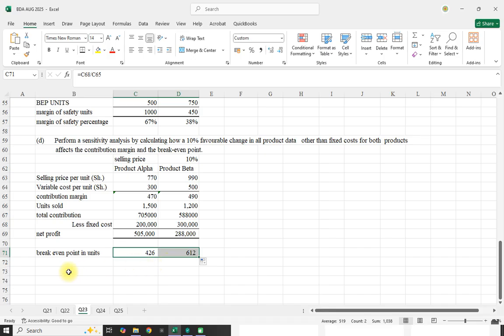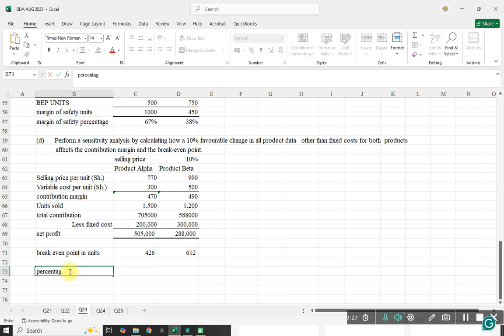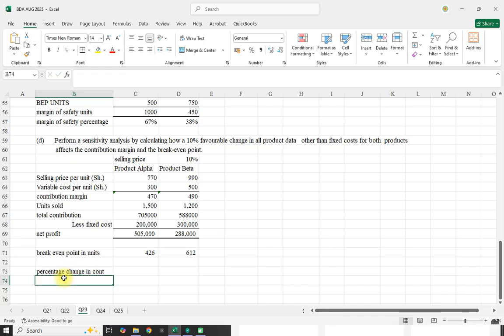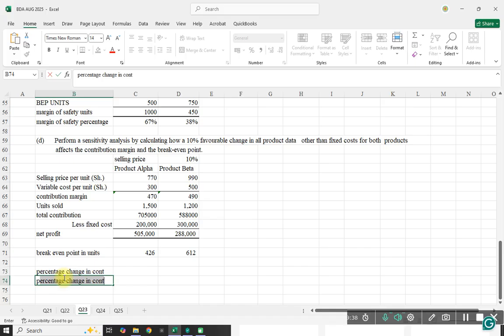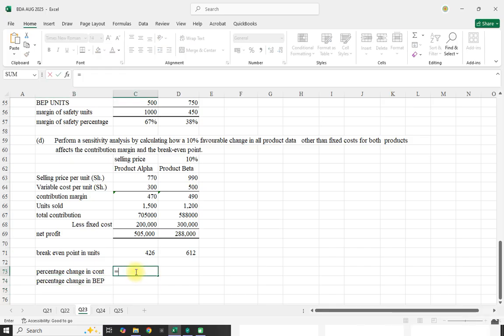And we shall look at the percentage change in contribution and percentage change in BEP, so that we can know how it affects.